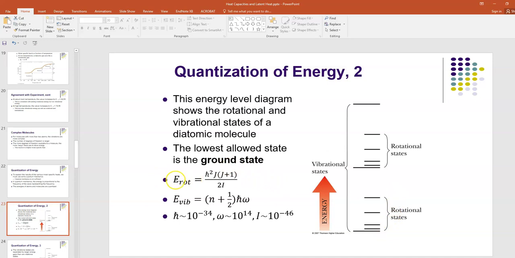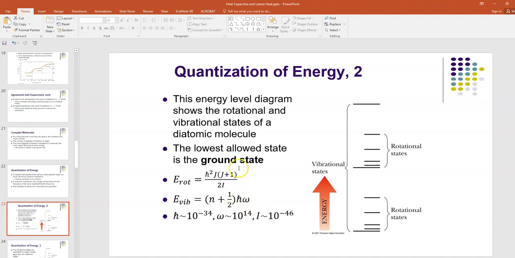So you have rotational energy states that go like h bar squared times the quantum number for rotation j times j plus 1 divided by 2 times the moment of inertia. And then the vibrational energy states, n plus 1/2 h bar omega, where n is the quantum number for that value, h bar is Planck's constant divided by 2 pi, and omega is the frequency of vibration.